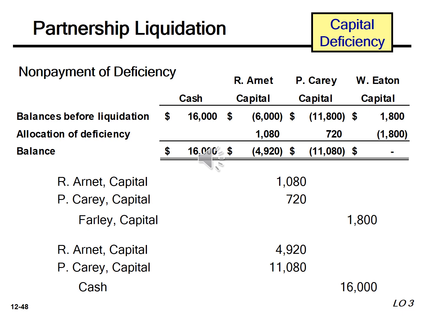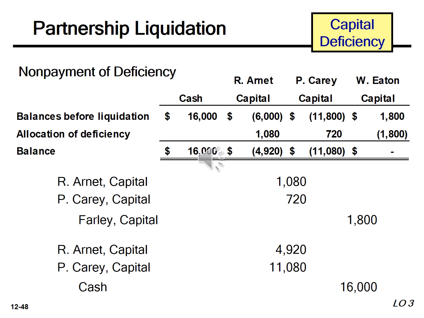So this is going to be recorded as follows. Arnett's capital debited for 1,080. Carey's capital is going to be debited for 720, and the balance is going to be credited to Eaton's capital 1,800.